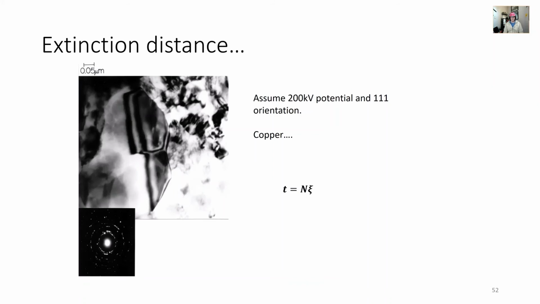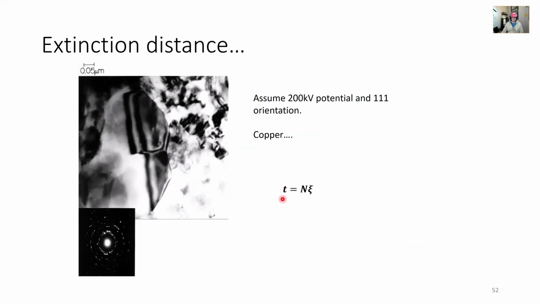So we're using an older TEM, so 200 kilovolt potential, and we're assuming that our specimen's oriented 111 zone axis, and we'll get to zone axis a little bit later, but it's oriented in the 111 direction is what this really means. And there's this very simple equation, let me bring up the pointer.